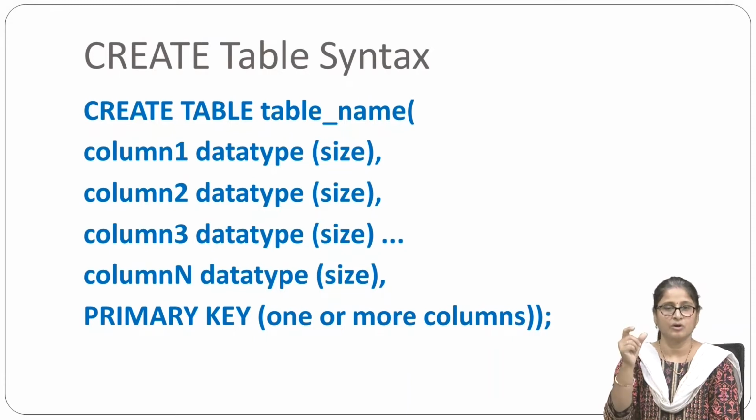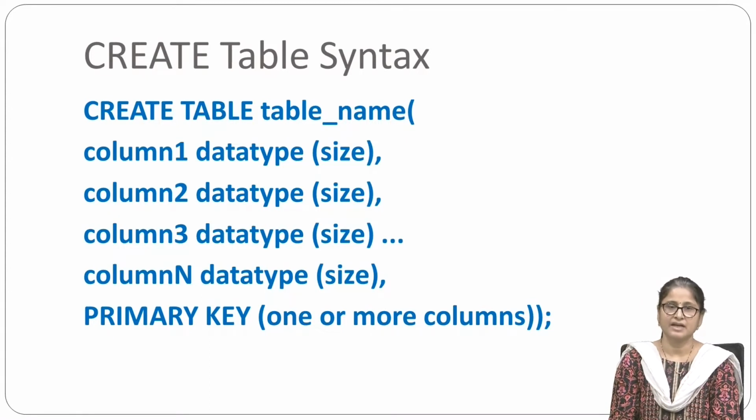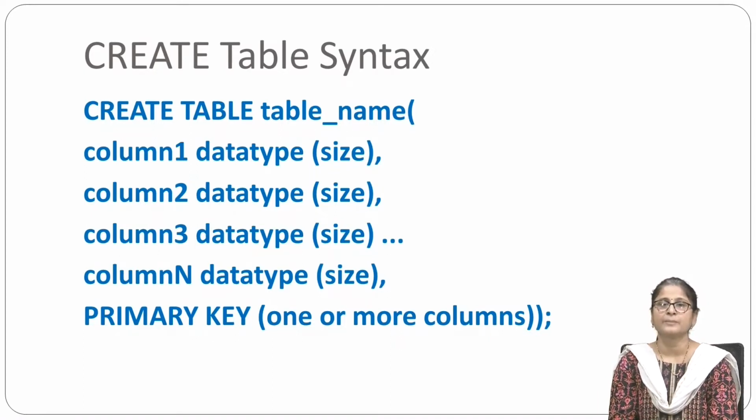If you talk about any university, they provide an enrollment number, which is unique for each and every student, so this enrollment number should be considered a primary key. You can have a primary key on one field, or more than one in your table. So this is the syntax for creating the table.